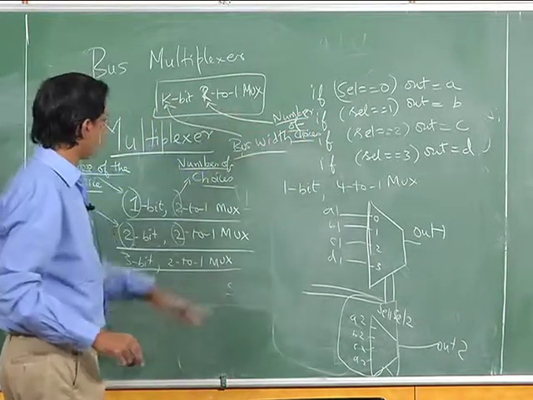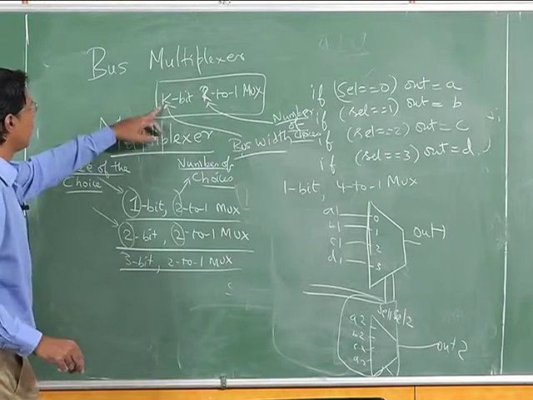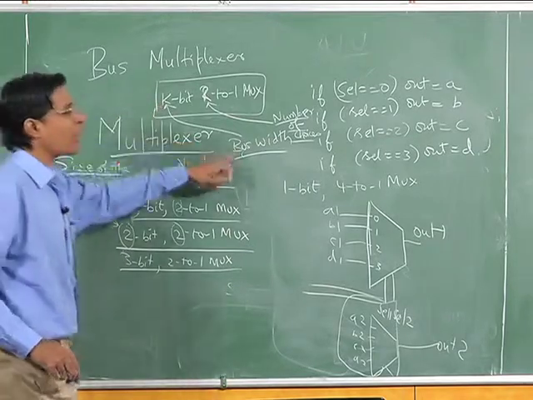R stands for the number of choices, while K stands for what I call as the bus width.